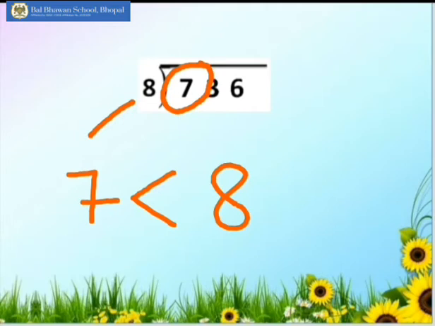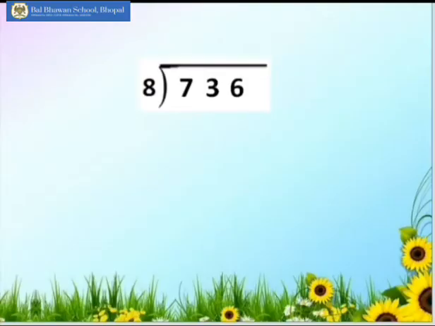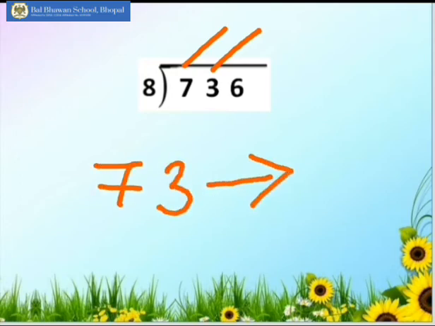So we cannot divide 7 by 8. Then what will we do? We will take the second digit of the dividend also along with the first digit. So now we will divide 73 by 8.